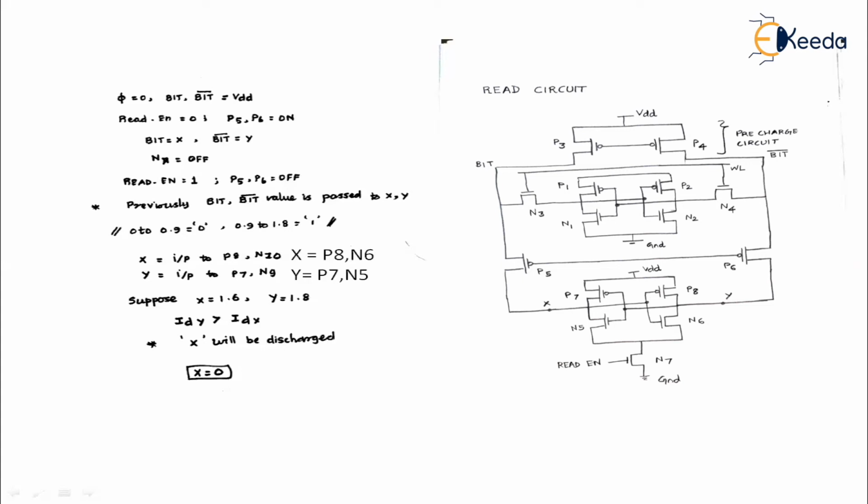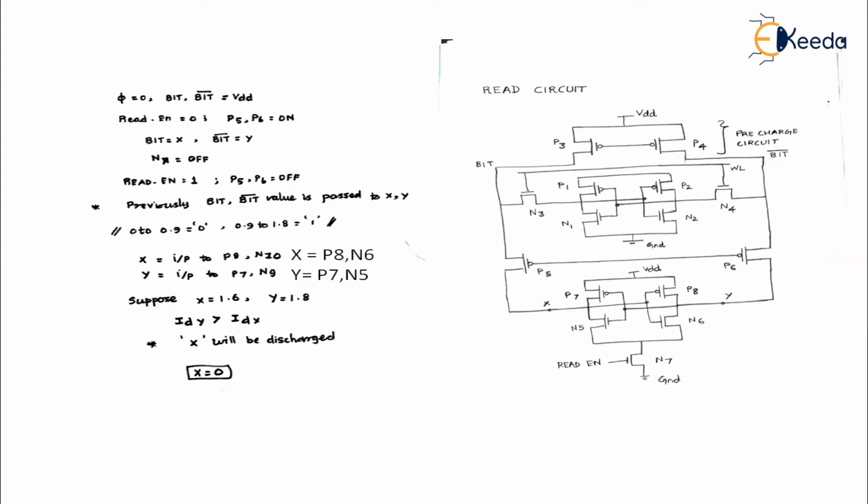So X will be discharged faster than your Y, because your X input is going to this second inverter and Y is going as an input to the first inverter. So Y is getting a higher voltage, which is 1.8. The one which is getting higher voltage will be discharging fast.